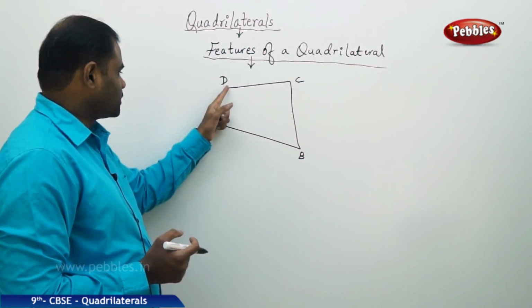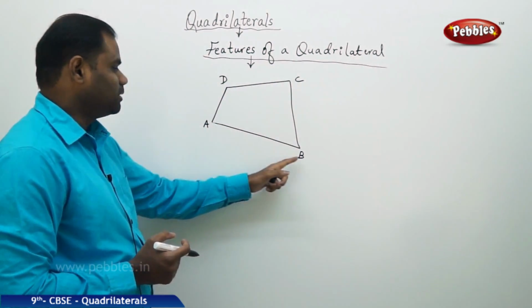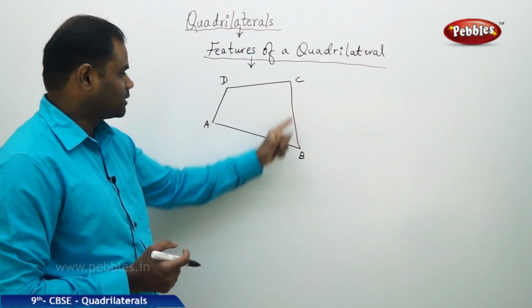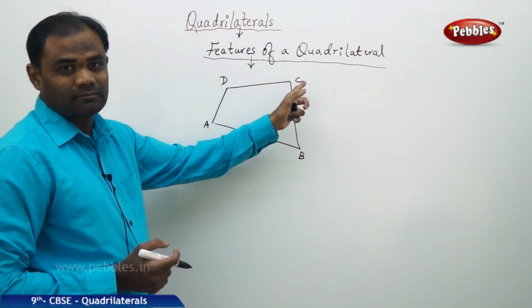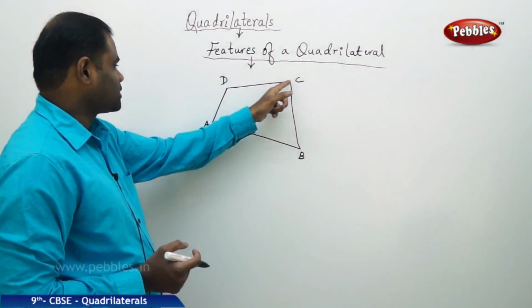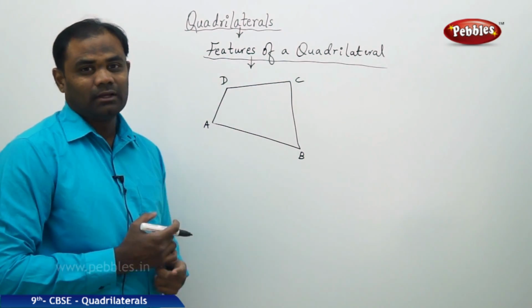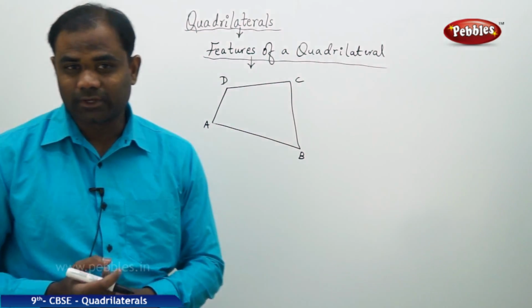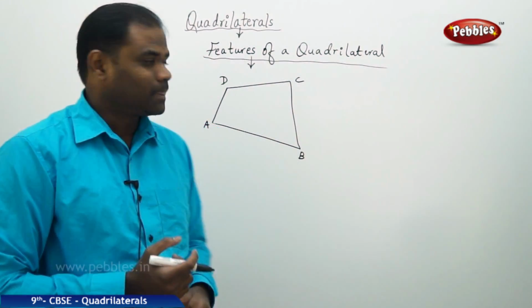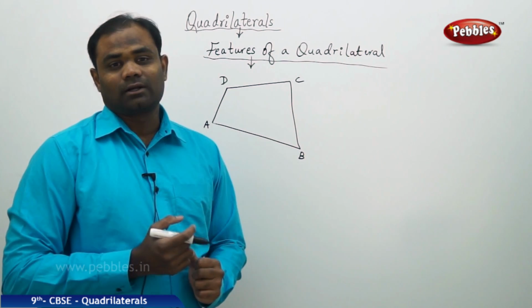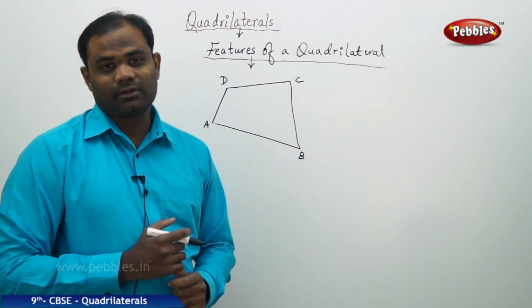A is the point of intersection of this line and this line, B is the point of intersection of this line and this line, C is the point of intersection of this line and this line, and finally D is the point of intersection of this line and this line. Hence there are 4 points of intersection when the 4 straight lines form a closed region, and those points are called the vertices of the quadrilateral.